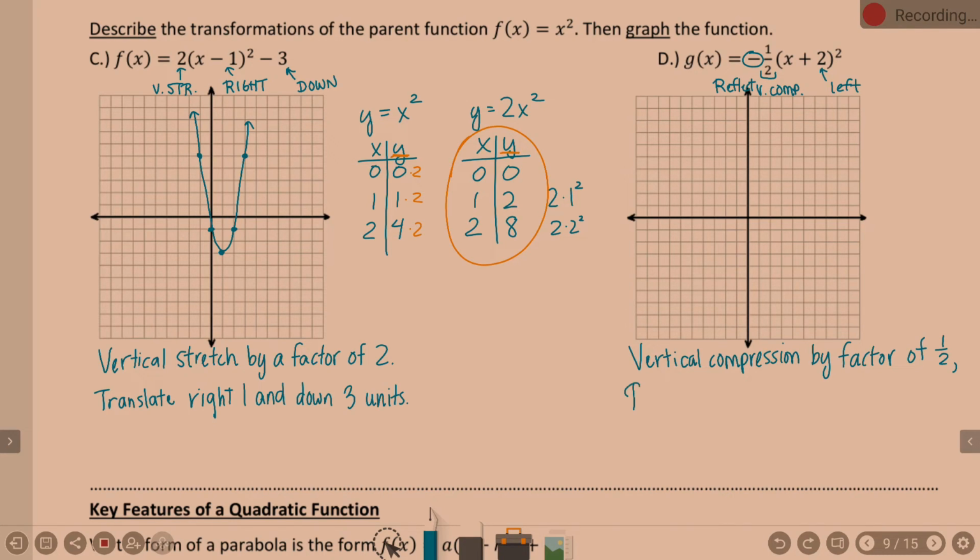Then for the negative, I'm going to mention that it is a reflection across the x-axis. And what else did I have? Translate left 2 units.